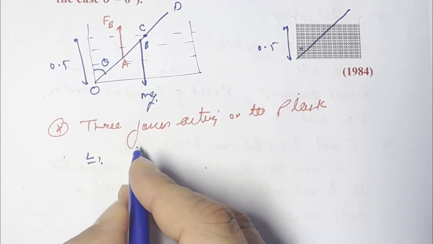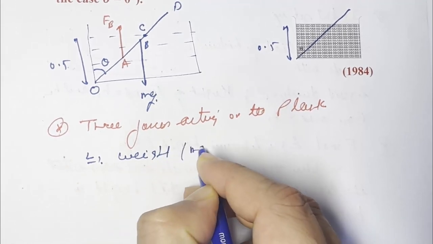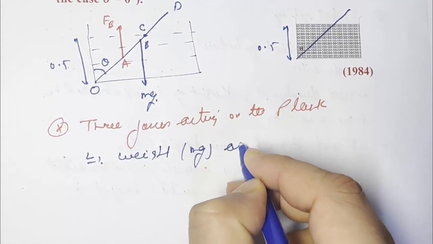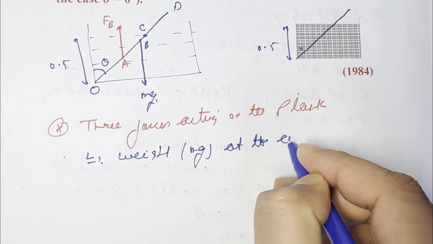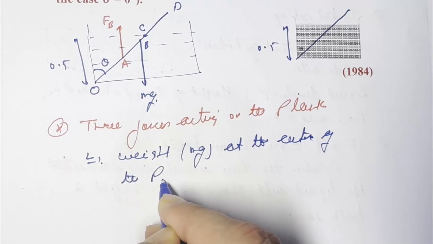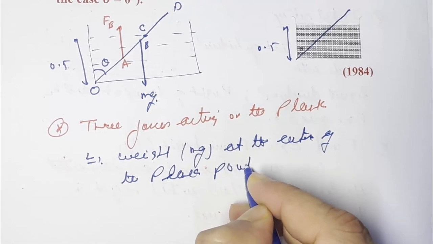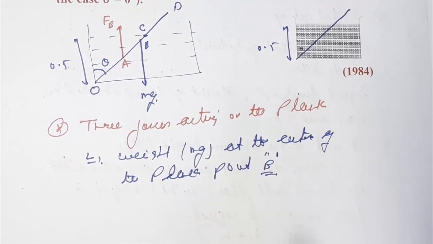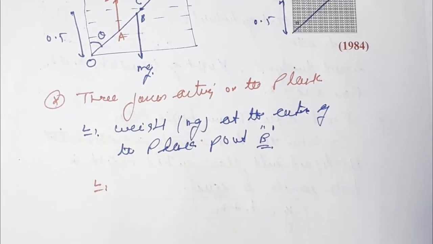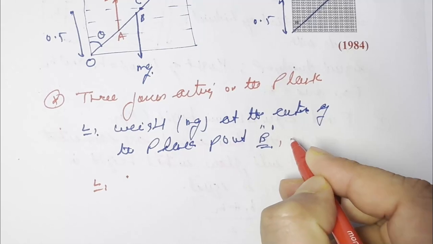First will be weight, that is mg at the center of the plank, that is point B, downward direction.